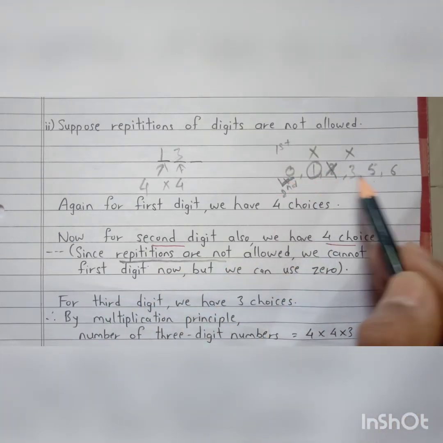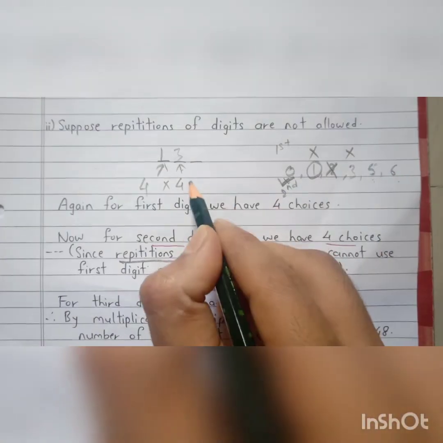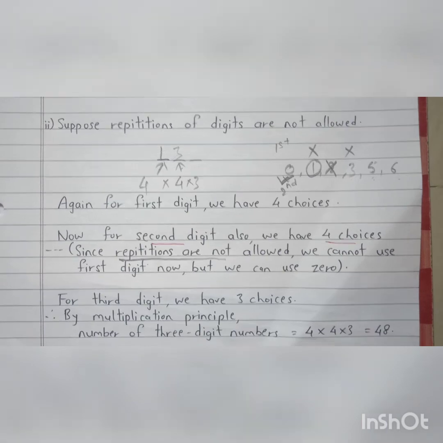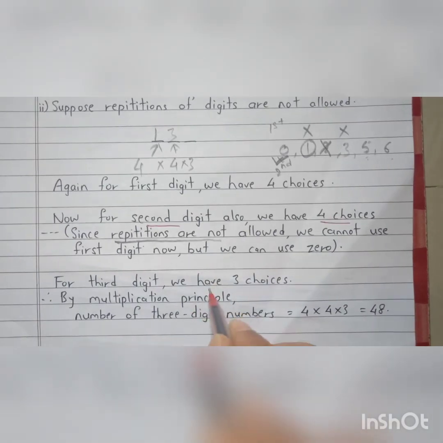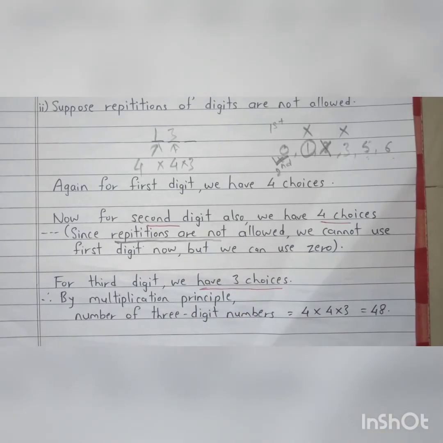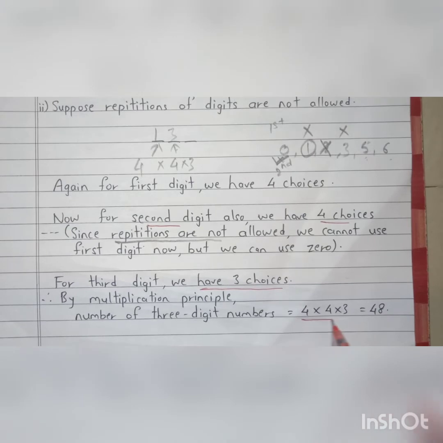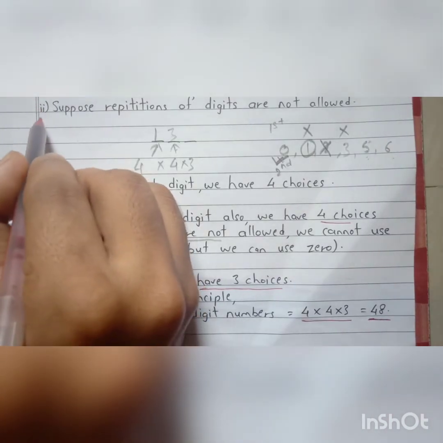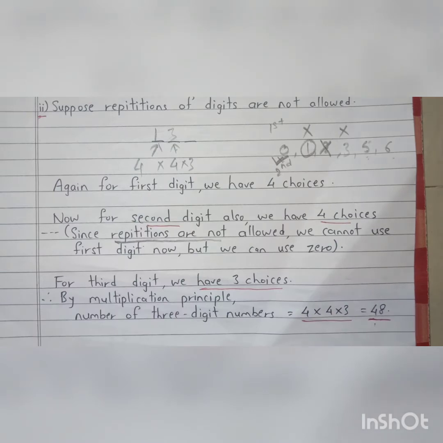I have 0, 5 and 6. So 3 choices. That's what I have written here. For the third digit we have 3 choices. So by the multiplication principle, the number of 3-digit numbers is 4 into 4 into 3, which is 48. So the answer for the second question is 48.